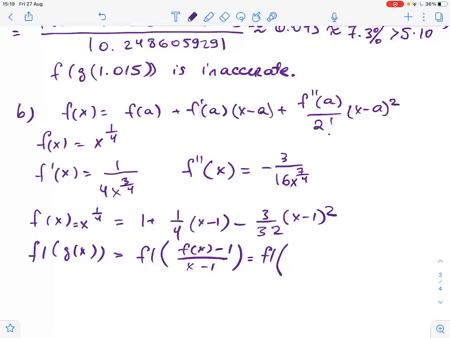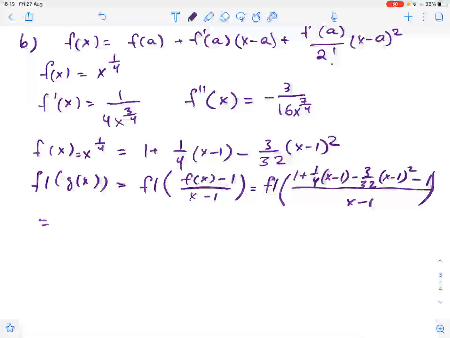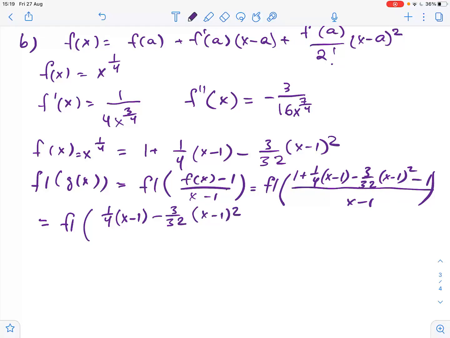So it equals fl of 1 plus 1 over 4 times x minus 1 minus 3 over 32 times x minus 1 squared minus 1 over x minus 1. And this equals fl of 1 over 4 times x minus 1 minus 3 over 32 times x minus 1 squared over x minus 1.